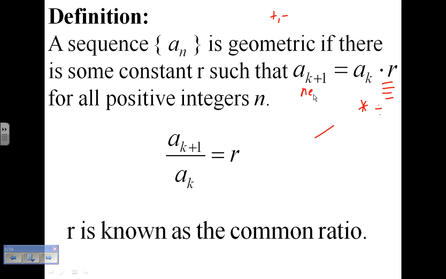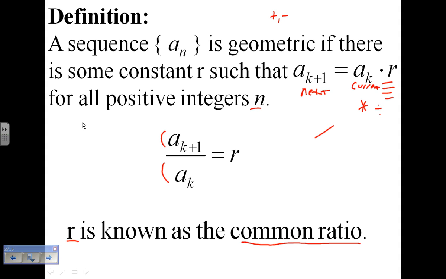Remember, this is the next term, and this is your current term. Okay? So to find it, it's easy enough. You just divide the next term by the current term, and you're on your way. R is known as the common ratio. All right? Also, you have to put in positive integers for n, and you can figure it out that way.